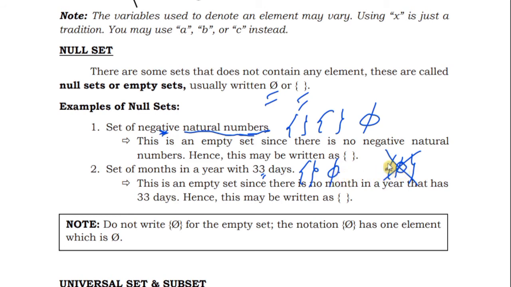If this symbol is inside the braces, it means that there is an element in that set. If you consider that one as a null set, it is no longer a null set. So careful, either of these two will do for identifying the empty set.